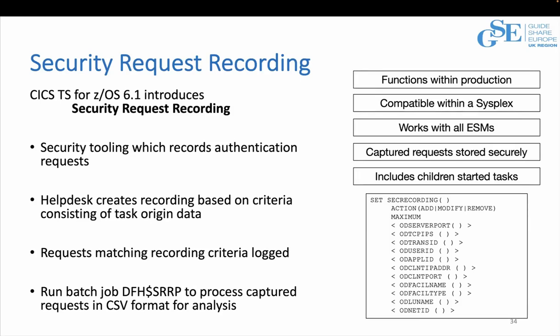So when a security request occurs, we then check to see if the origin data belonging to that matches the criteria in any of the recordings. And should it, we then take a recording of that security request, and it's logged against the recording that our help desk has set up.